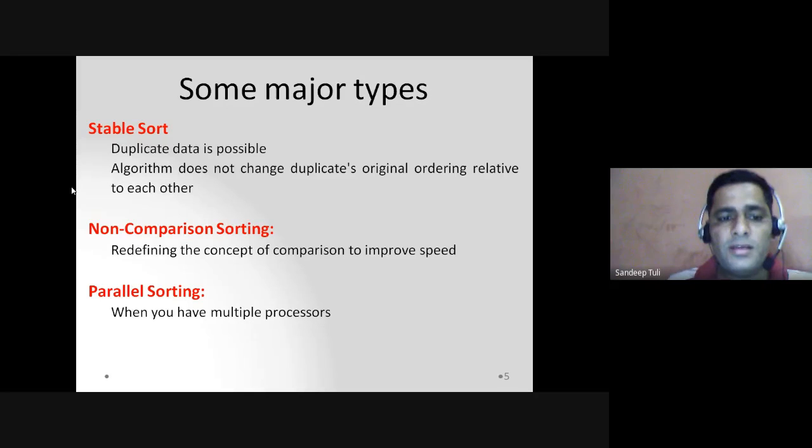Stable sort is, what is stable sort? First of all, let us understand. So it may be possible when the data is given to me, it may have the duplicate values. It is possible, like the data is 1 2 1 2 3 4 5. So इसमें 1 and 2 repeat हुआ है, duplicate values हैं. Okay, so now पहला one कौन सा है? Based on the position of the one, we will find the first one.